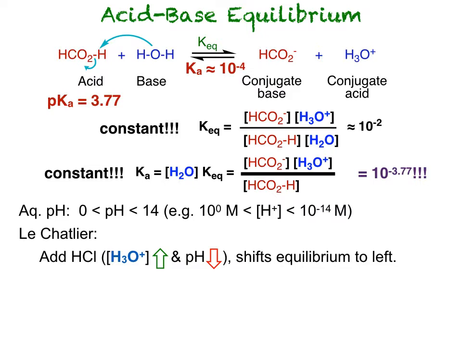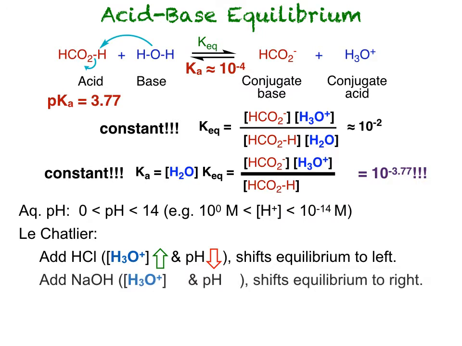If we added H3O plus to the above equilibrium, that would shift the equilibrium to the left according to Le Chatelier. If we added sodium hydroxide to the above expression, the H3O plus concentration is getting smaller because the sodium hydroxide would neutralize the H3O plus, and that would mean the pH goes up. And so the equilibrium, according to Le Chatelier, is shifted to the right.